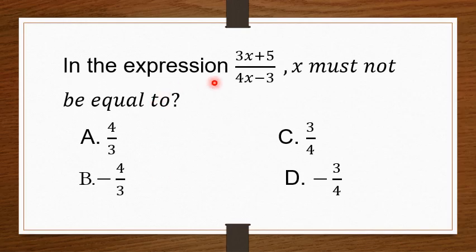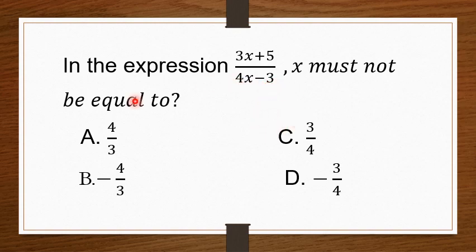In the expression 3x plus 5 over 4x minus 3, x must not be equal to what? We're talking about the non-permissible value. So the answer for this one, when we get the value and take the opposite, and since we have 4, this is 3 over 4.